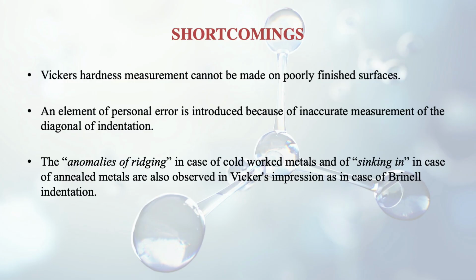So that's an element of personal error. Then again, the anomalies of ridging, like in the case of Brinell, are there. In cold worked metals, ridging happens, and in annealed metals sinking happens, as we discussed earlier. So these are some of the shortcomings, and they are observed in the Vickers impression similar to the Brinell indentation.